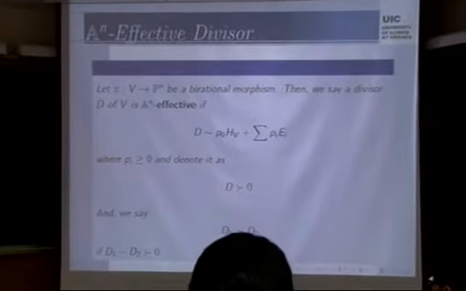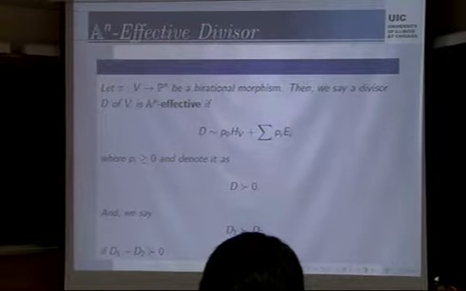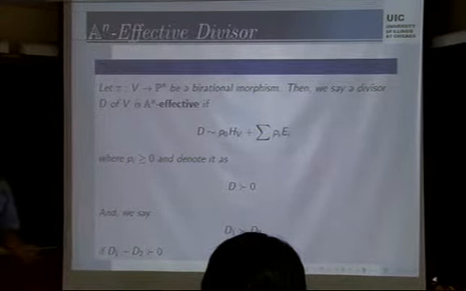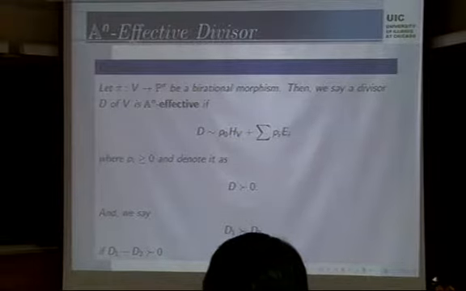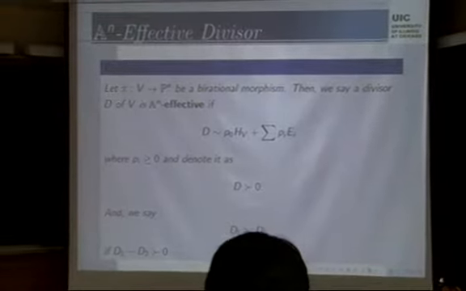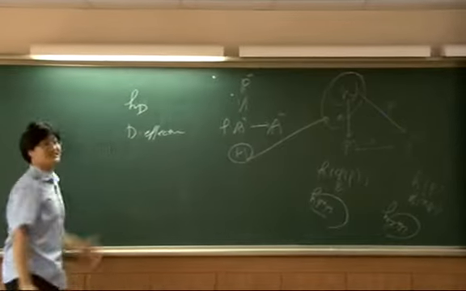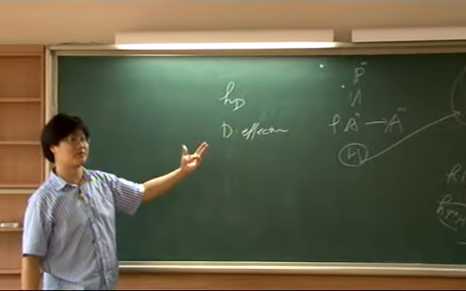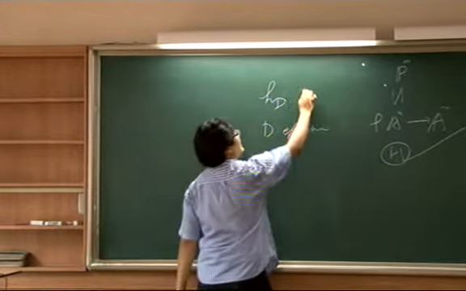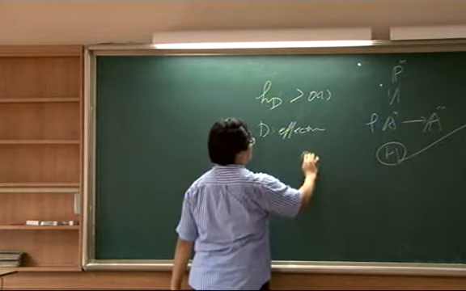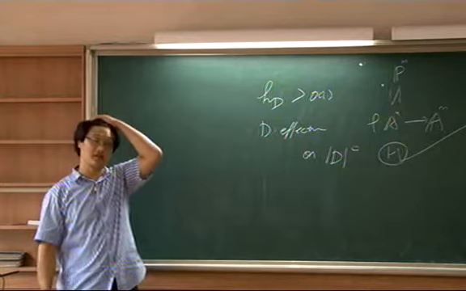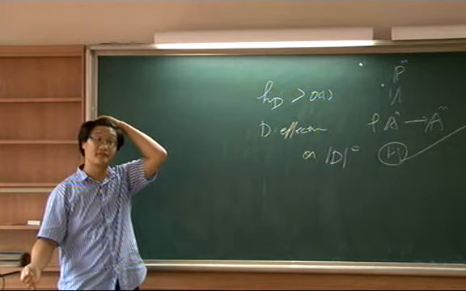Now, previously I went so fast, so I might have missed it. We have the height machine, which says if you have a height function corresponding to an effective divisor, which means it is linearly equivalent to some closed subvariety of a given projective variety, then they are bounded below outside of the base locus.